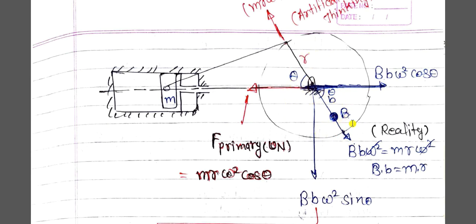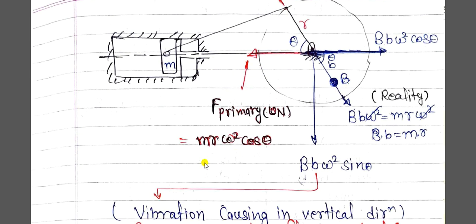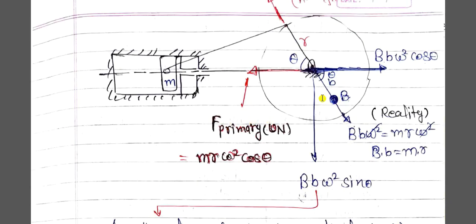This is not the mass which you add for the rotating unbalance; this we are adding to balance the reciprocating forces or reciprocating mass. That's why it is different.